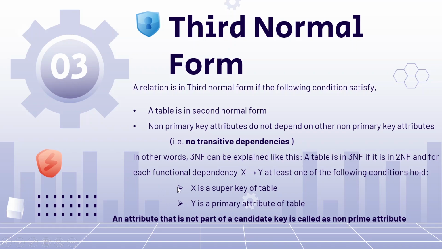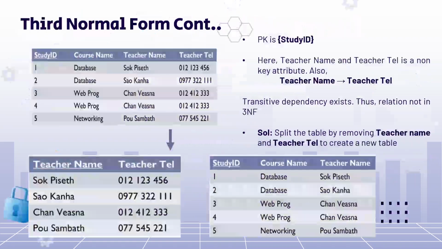That means for any functional dependency x determines y, either x should be a super key of the table or y should be a primary attribute of the table. Then only we can say that the table is in 3NF form.